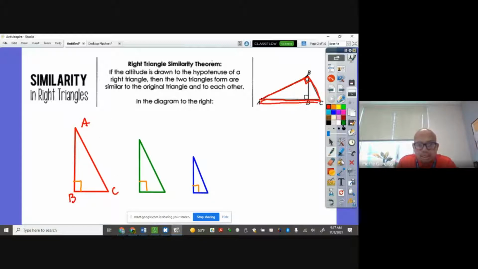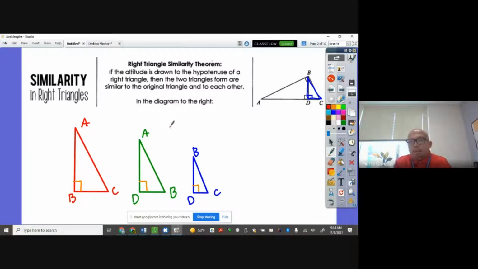For the green one, the right triangle, this one here, this is A and B, and the 90 is on the D, right? And for the smaller one, the blue, right here, the 90 degrees is right here, which is also on the D, and the hypotenuse is BC. All right, there you go.